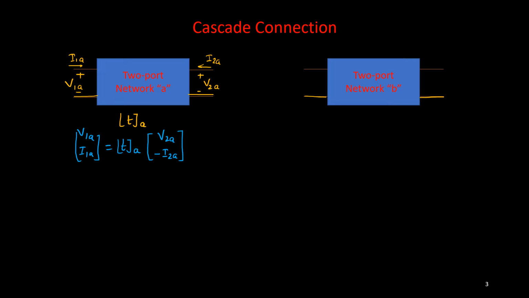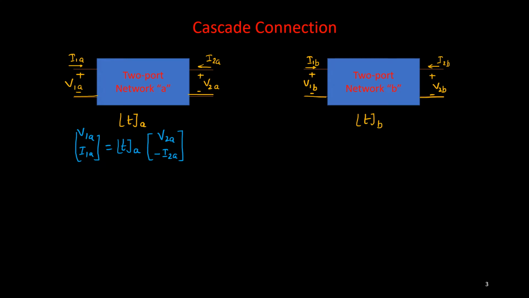Similarly for network B, we can consider this is your V1B port number 1, this one is I1B, this is your V2B, and this is your I2B. Its T parameters, suppose it is TB.